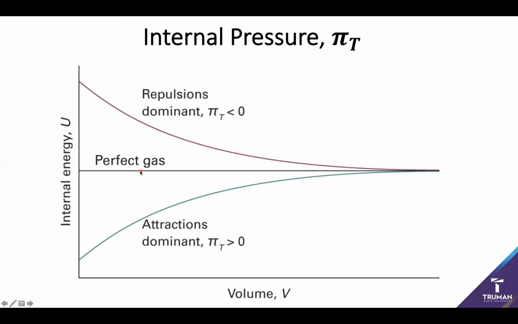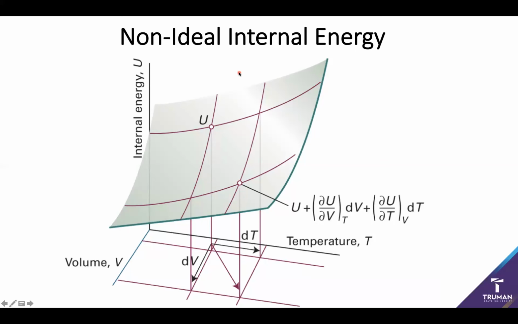Now, one of the reasons why we like bringing up this idea of internal pressure is it lets me expand my description of internal energy into its full three-dimensional space. Because if I have a non-ideal system, internal energy can vary with both volume and temperature. And these relationships will generate not just the traditional isochores or isotherms that we've been describing, but a full three-dimensional space.